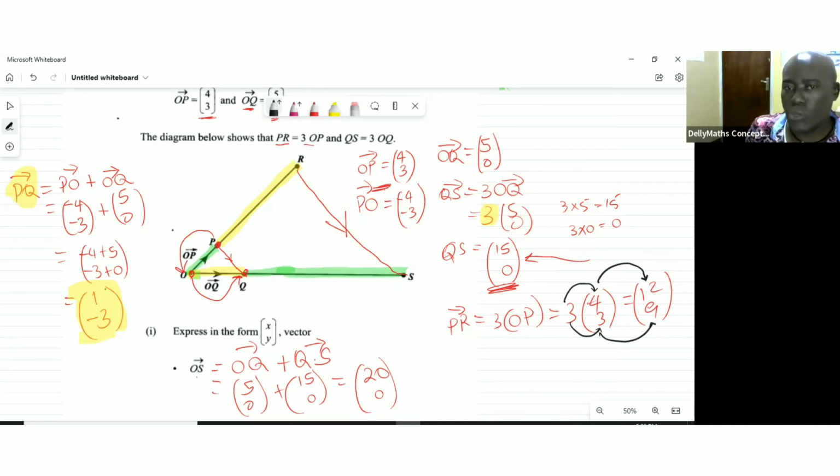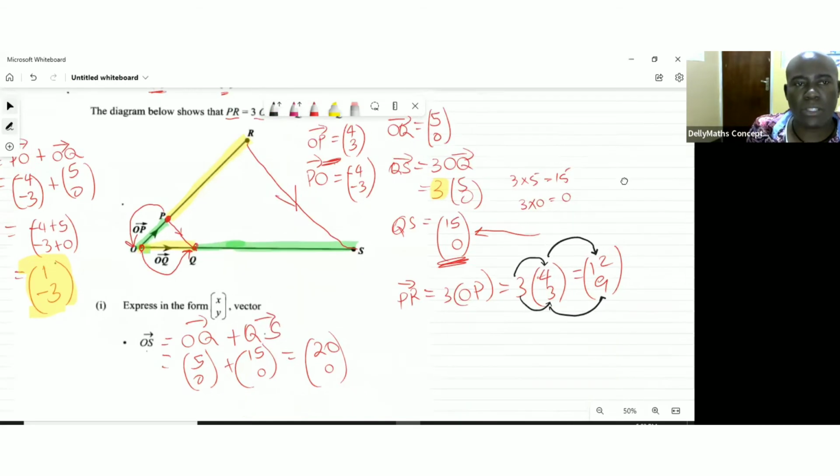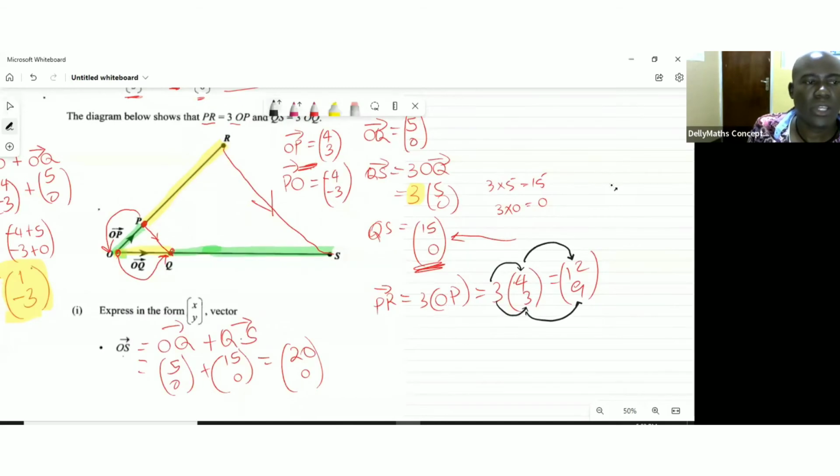That's not the solution though, but it's going to help us find the solution. OR is equal to OP plus PR.